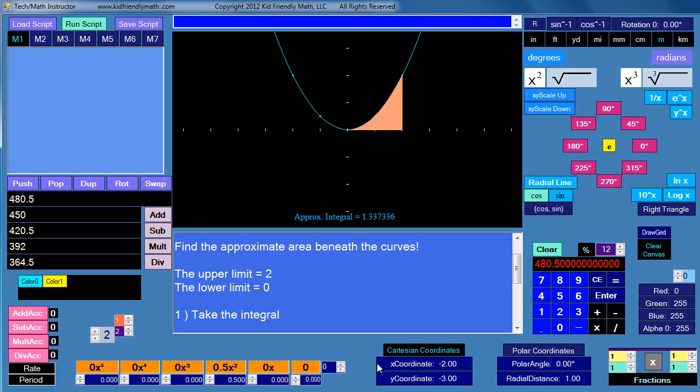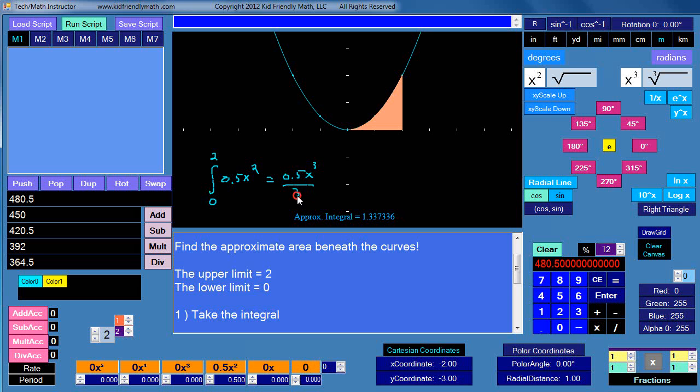You had to take the definite integral between 0 and 2, and then you had to find the integral, right? There was your 0.5x squared, and then you had to take the integral, which was equal to 0.5 x cubed divided by 3.